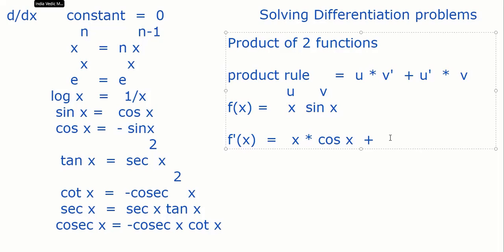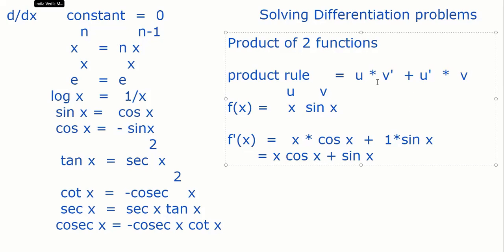What is the differentiation of x? 1 times second function as it is. So my final answer is x cos x plus sin x. Product rule is this: first function into differentiation of second plus differentiation of first into second. You can do any order, you can do this also first. That is the product rule of differentiation.